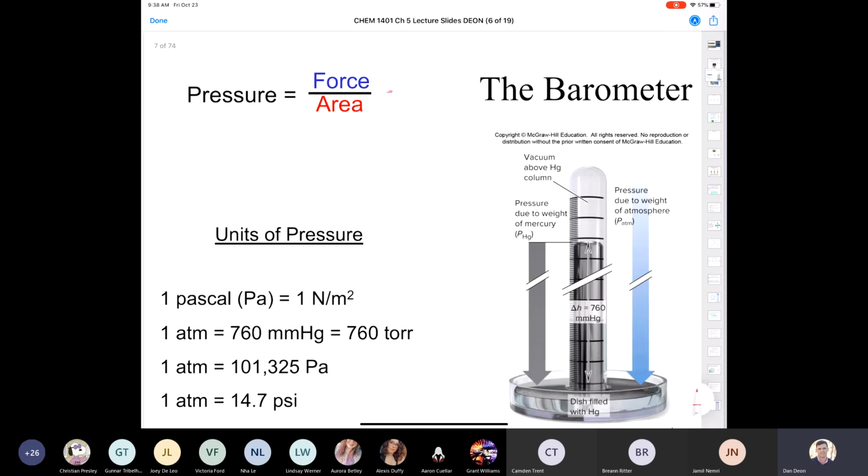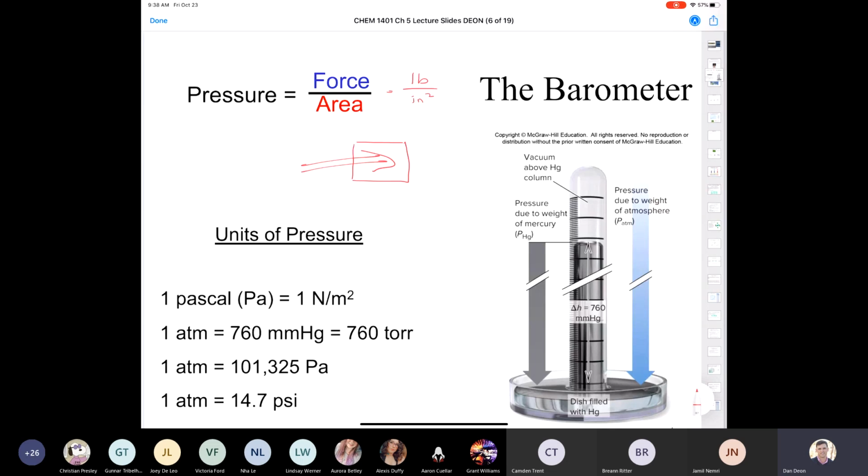Pressure would be equal to pounds per inch squared, or square inch. Well, if you think about that, that means that when you have a square inch, there's a certain amount of force acting on that square inch, and they measure that force in pounds. So it makes sense that pressure is defined as force per unit area.